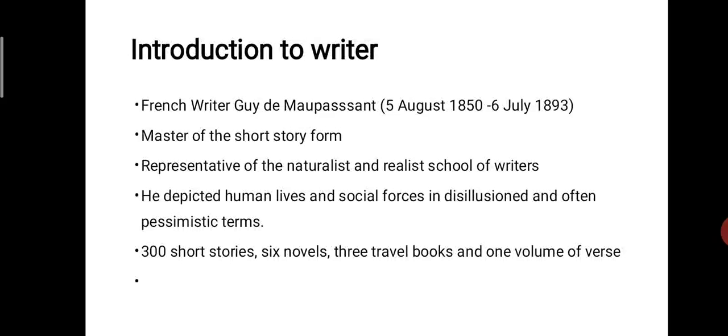He depicted human lives and social forces in this genre, often in pessimistic terms. His work includes some 300 short stories, 6 novels, 3 travel books, and 1 volume of verse.